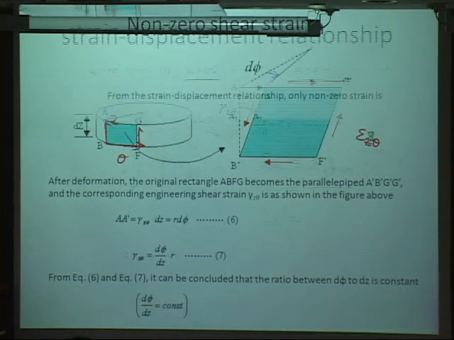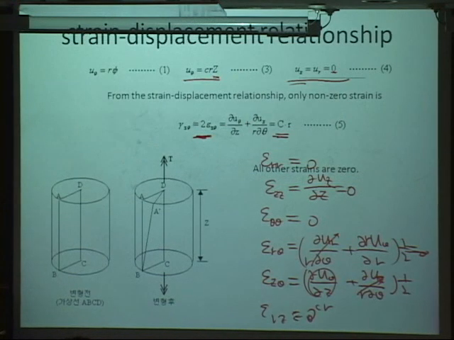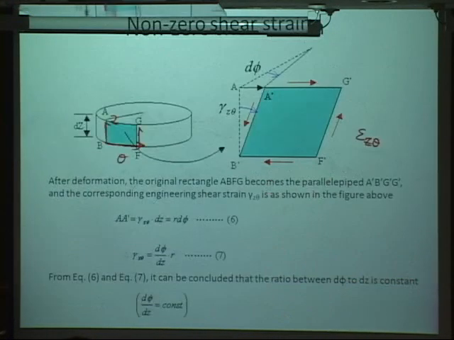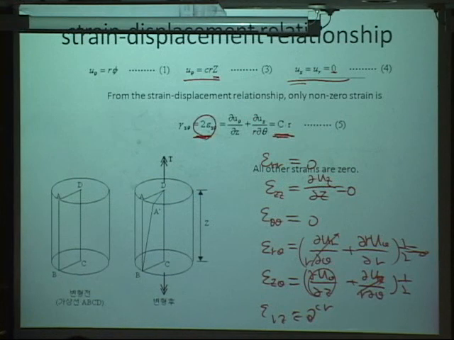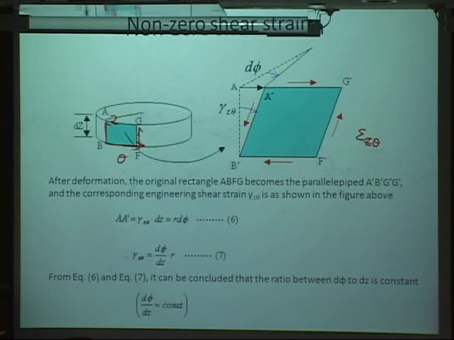So anyhow, as you can see here, from this relation, we have C times r. Again, C is just a constant. And this gamma z theta is simply 2 times epsilon z theta. And gamma z theta is here.